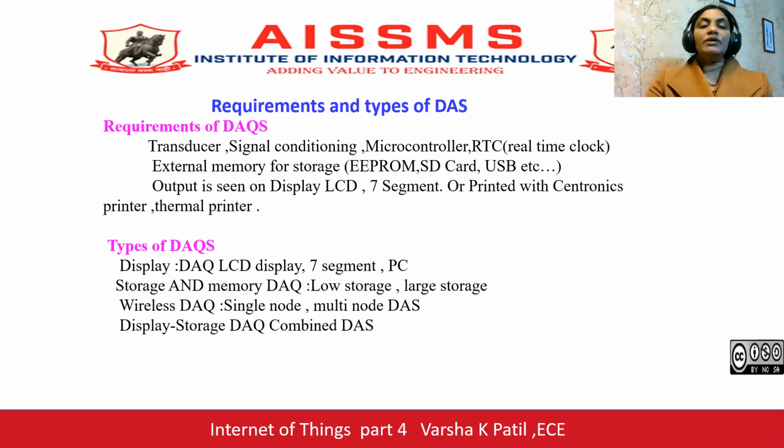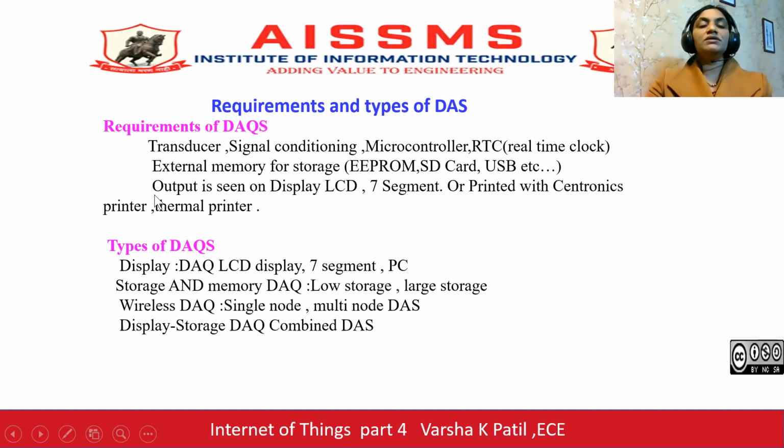So, what are the requirements of a data acquisition system? We have to take into consideration the transducer, signal conditioning, and microcontroller, as well as a real-time clock. The second requirement is external memory for storage, that is EEPROM, SD card, or USB.